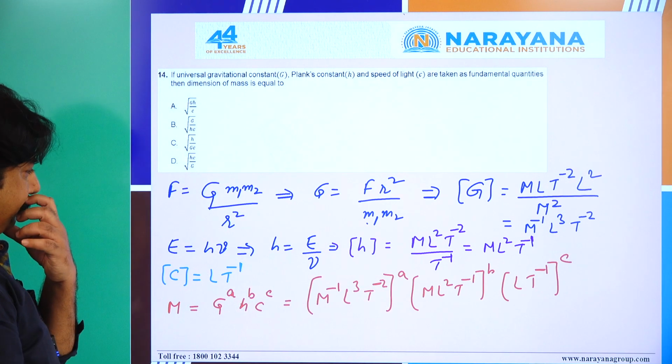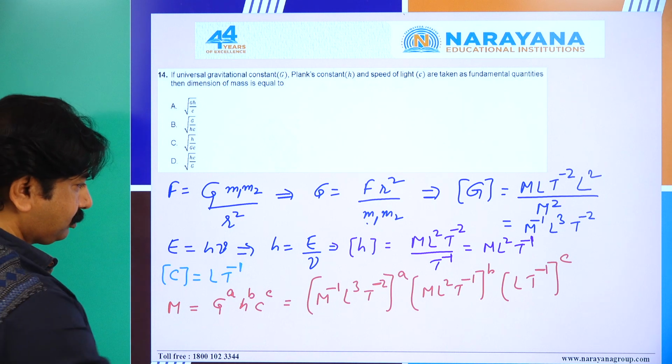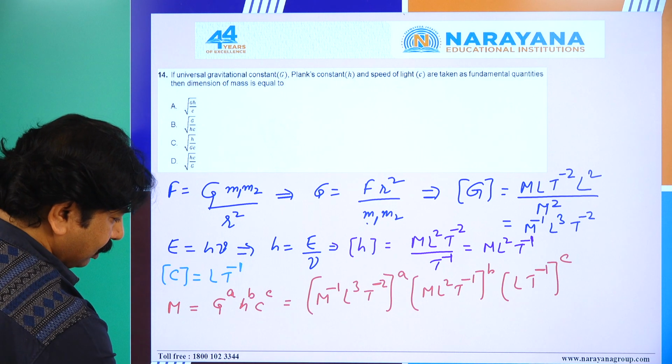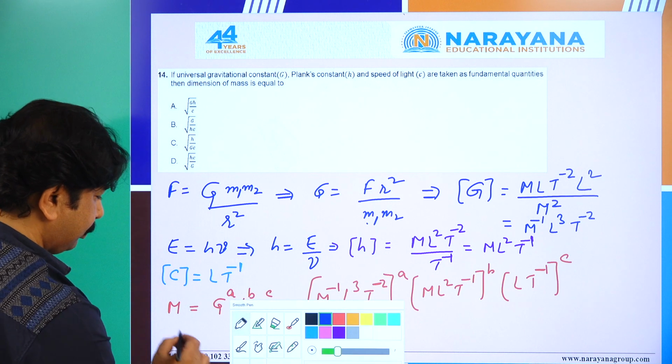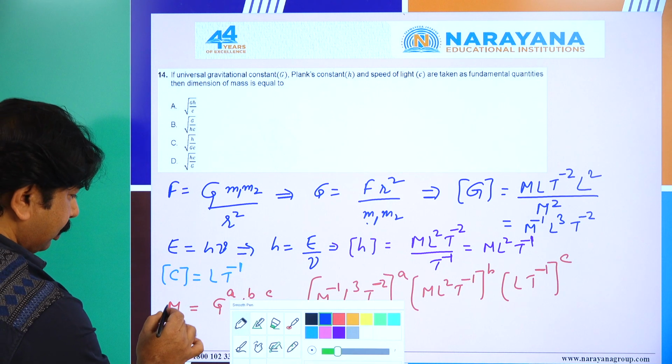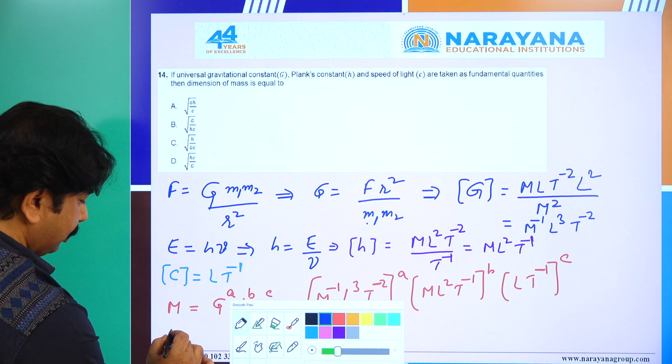Now equate the coefficients. Directly I am writing here. Here m power only 1 is there.